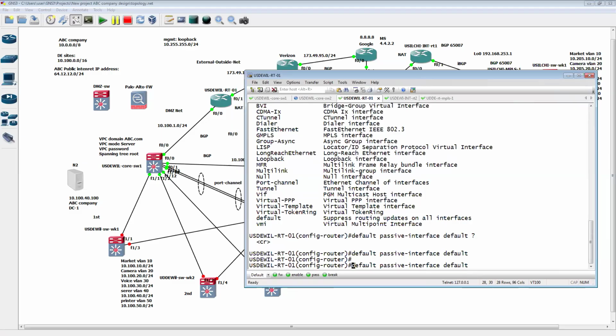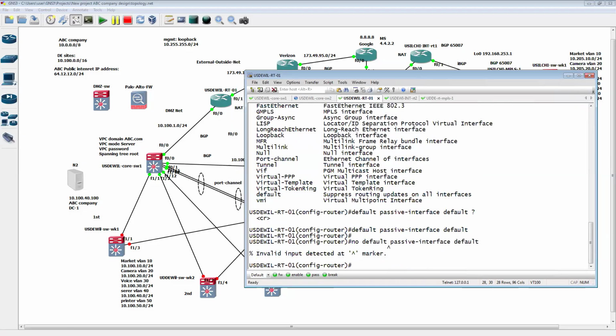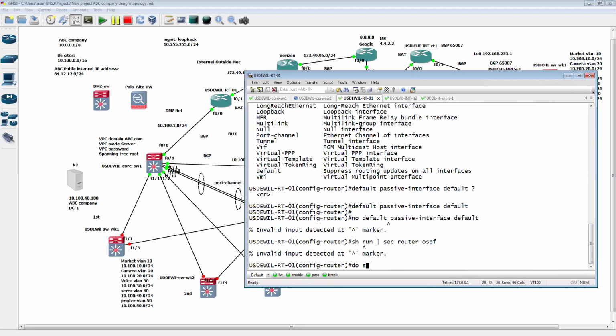Let's start over again. Let me see again. Show run section router OSPF. Do show run section router OSPF.